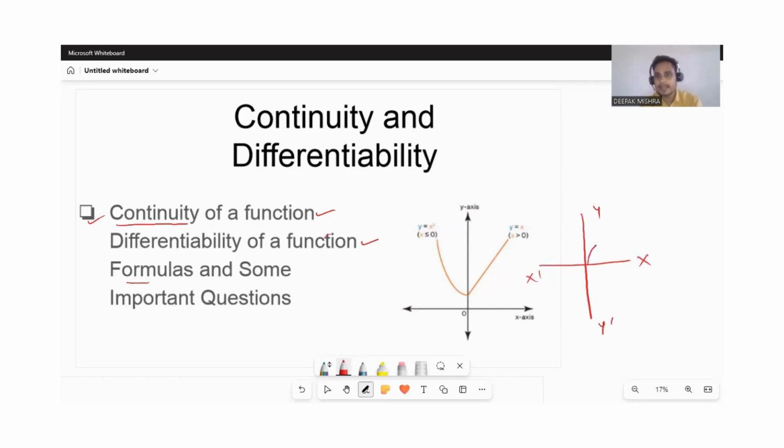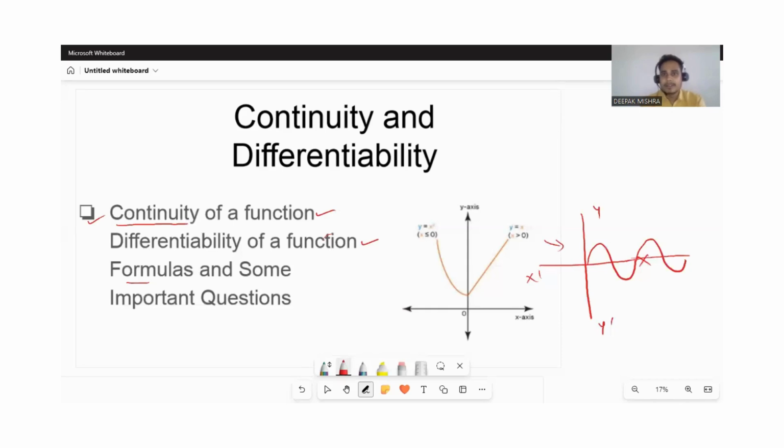If I make a curve like this, starting from the origin and going from this to this to this, and it never ends, then if you observe the pattern, without lifting my pen, I can draw the curve. Then we can say that this is a continuous curve.